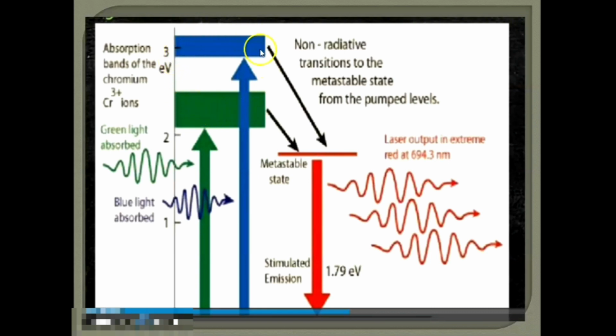After 10 to the power minus 8 seconds, chromium ions have to go back toward the normal state, and this transition from the exciting level to this level is actually a radiationless transition, and this is known as the metastable state.